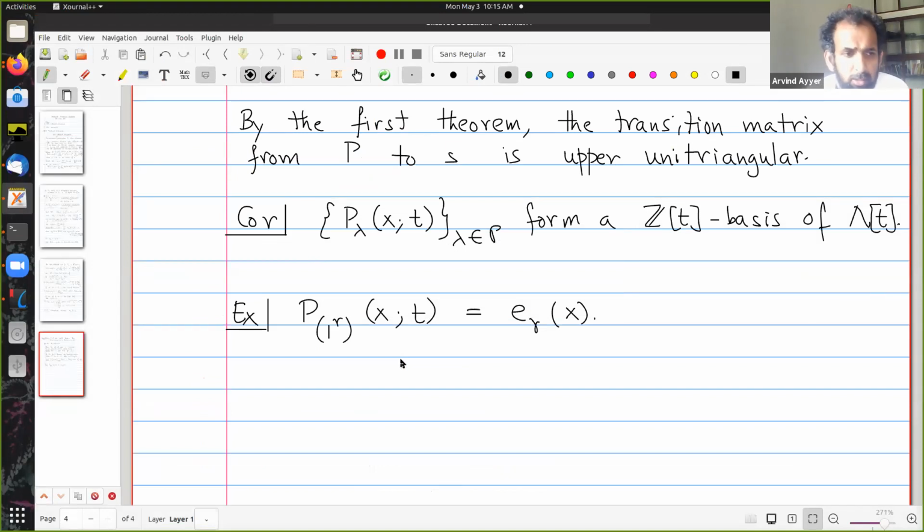Okay, so any questions about this? Yeah, sir, I have one question. Do you not have to specify t equal to 1 for getting the elementary symmetric polynomials? Sorry? Say that again?